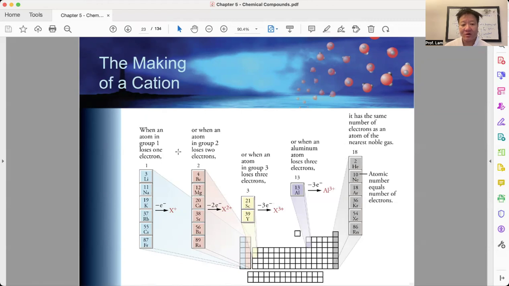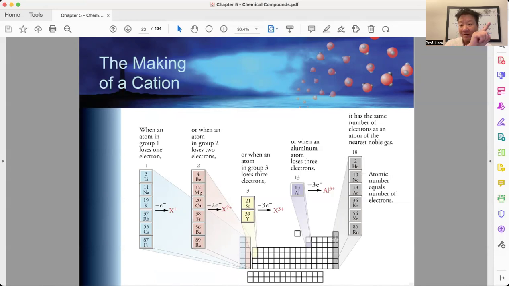So how do we determine what charge things are? Well, let's see. If you are in group 1A, which makes you right here, the very left column of the periodic table, what is the nearest way to get to the noble gas? Left or right? Okay, just take a second. You see that if you go right, you'd have to go so far to the right, right? But if you just go one to the left, you're at the noble gas.